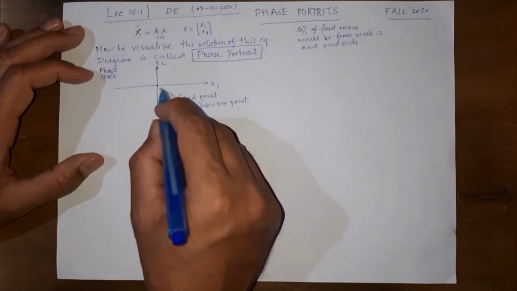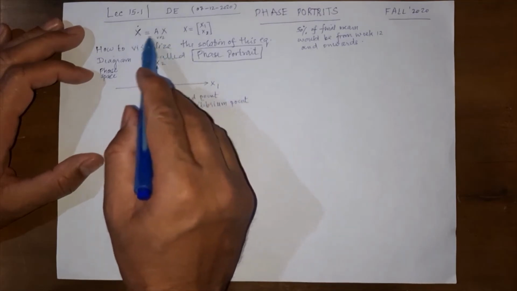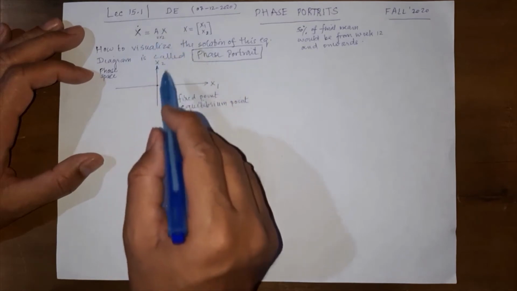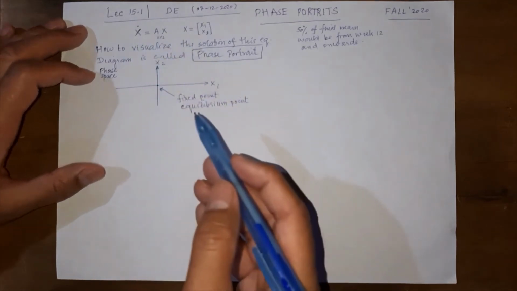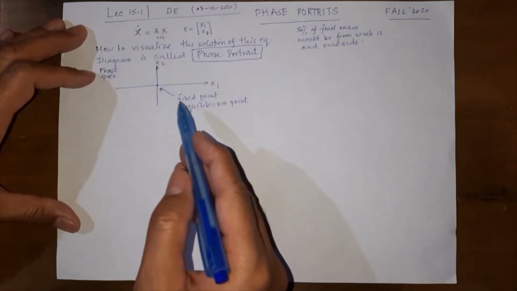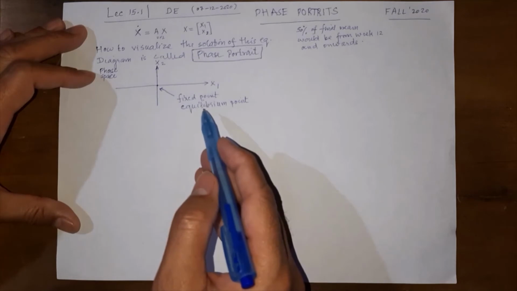So if the system from which this equation has been produced has an initial condition 0, 0, it will have a solution 0, 0. It's not going anywhere. That is why it is a fixed point, an equilibrium point, and the system will stay there.